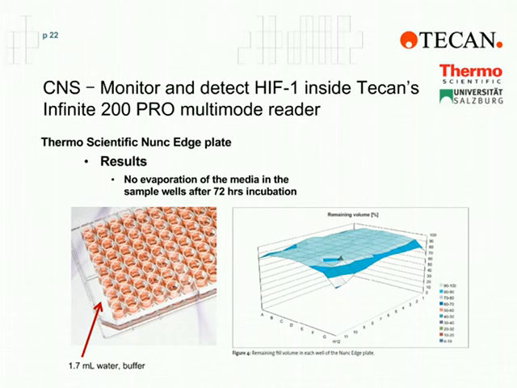This leads to the fact that when you do long-term assays, let's say 72 hours, so 3 days or even more, usually on the edge of the normal plate you see an evaporation of up to 10%, and with the Thermo NUNC Edge plate, this is cut down to less than 2%. So this is a great tool we have used in long-term assays in a 96-well plate.